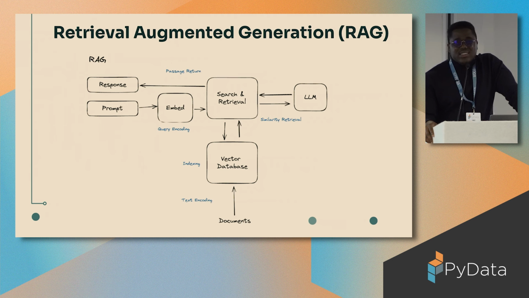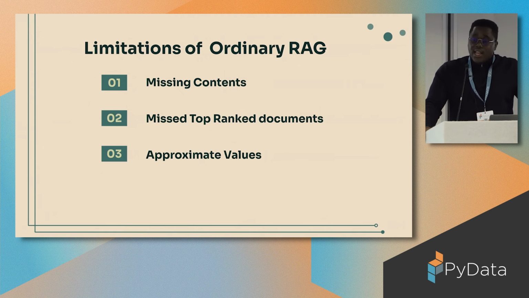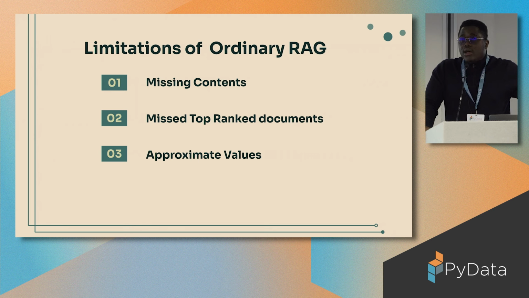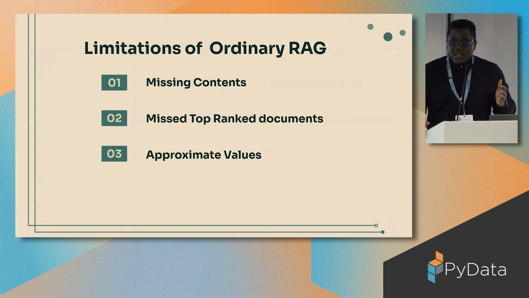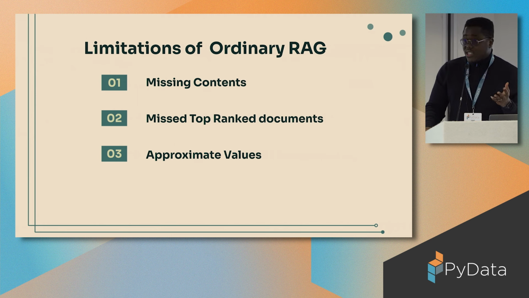So what is the limitation with ordinary RAG at the moment? Like I mentioned before, before you store your data into your vector database, you are going to chunk the data. One of the reasons you need to chunk the data, breaking it down into smaller pieces, is that embedding models will probably not be able to embed 30,000 tokens of data.